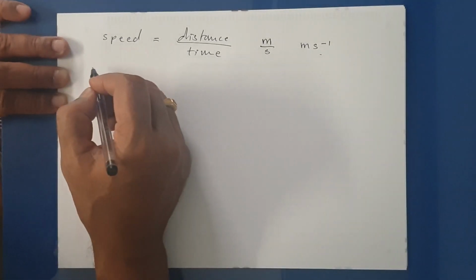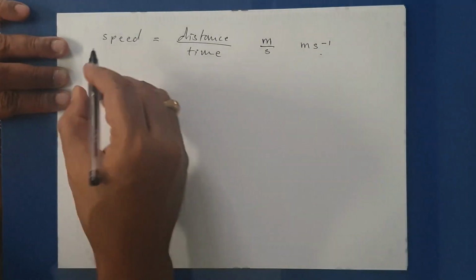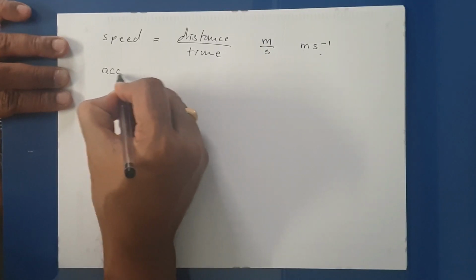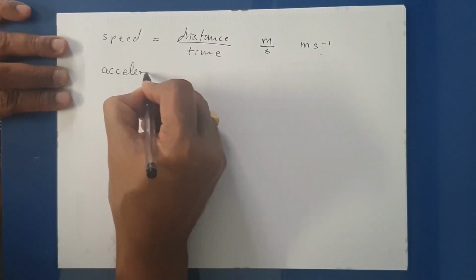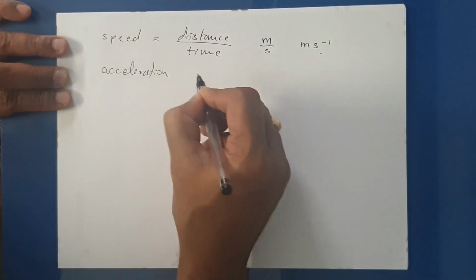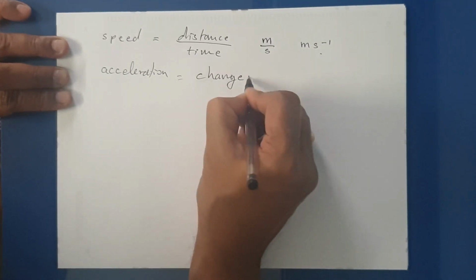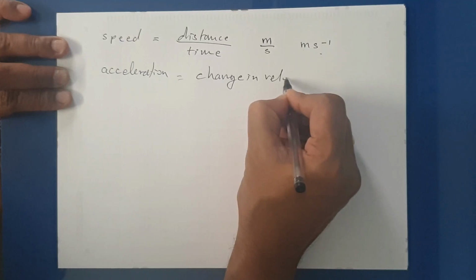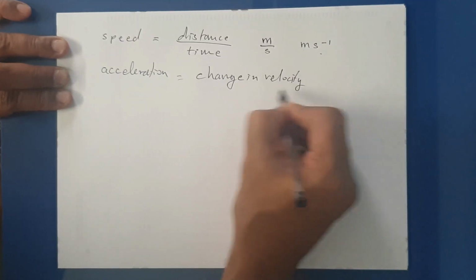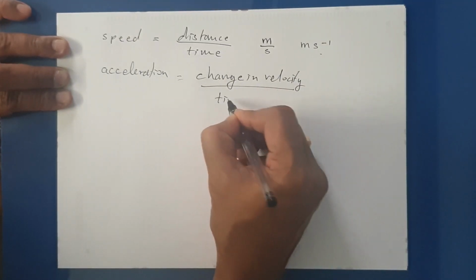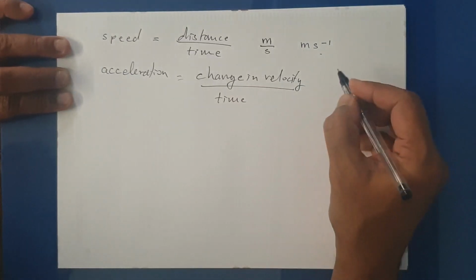Another example of a derived physical quantity is acceleration. What is acceleration? It is change in velocity upon time interval or time taken.